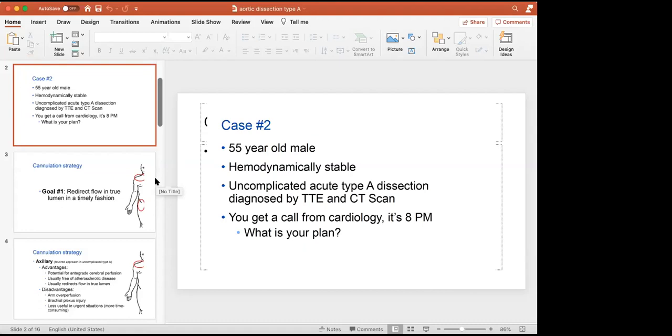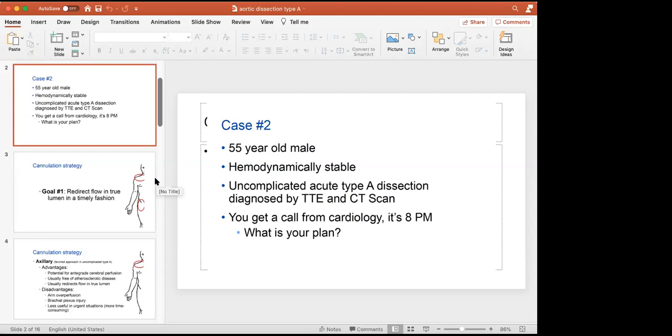So the best option for this patient will be femoral. I will review the CT and see which femoral is spared from the dissection or connected to the true lumen. I will do a cut down and cannulate the femoral. Regarding the venous cannulation, I will do the dual stage atriocaval cannulation.